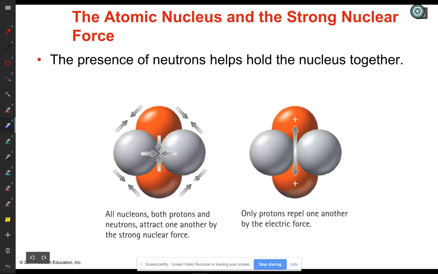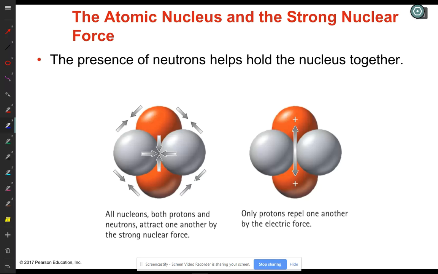Just skipping over that. So here's an example of what's going on in a helium nucleus. The helium nucleus has 2 protons, the 2 red things, and 2 neutrons, the gray things. The forces are attractive between protons and protons, neutrons and neutrons, as well as protons and neutrons.